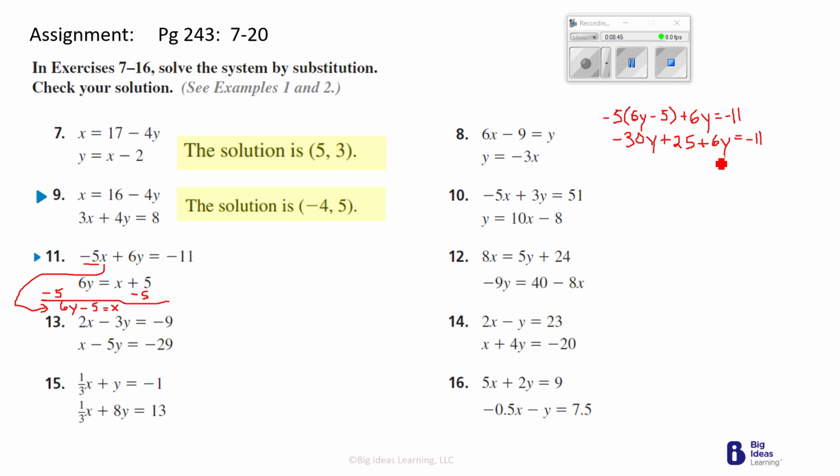Well, negative 30y plus 6y, that's going to give us negative 24y. This is going to be added to 25, and this is going to equal negative 11.